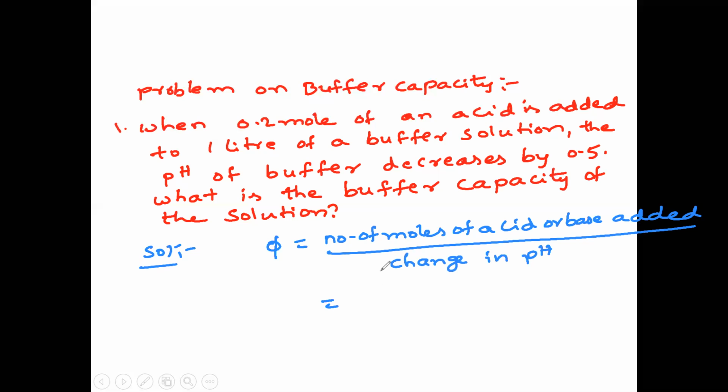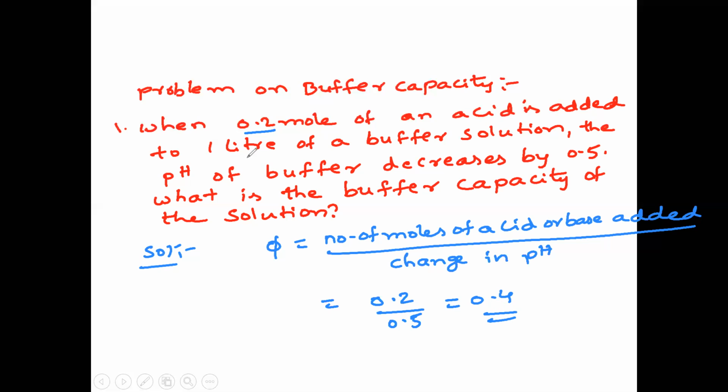The number of moles of acid is 0.2, so 0.2 divided by 0.5. You can guess the answer. It is equal to 0.4. So our buffer capacity is 0.4.